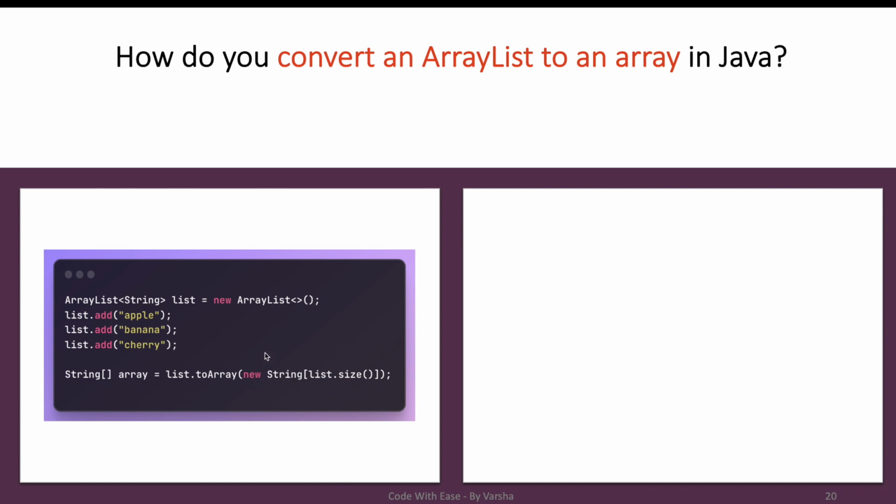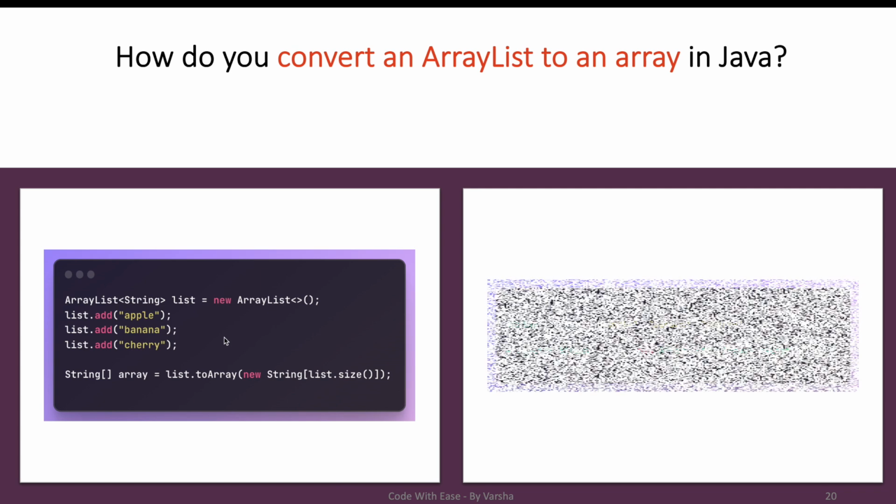New string, as we have seen, is allocating memory. So it is saying initialize some space in the memory with the size of the list. I want to create a string array which can contain 3 fruits, because that is what the list is containing right now. List.size is 3. So allocate some space in the memory for storing these 3 entities of string type. That is what it is trying to do.